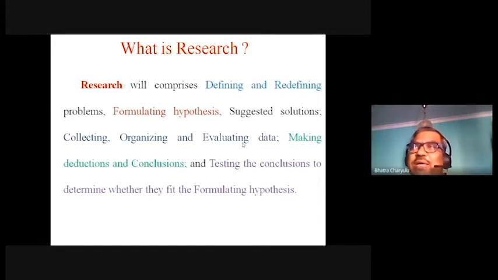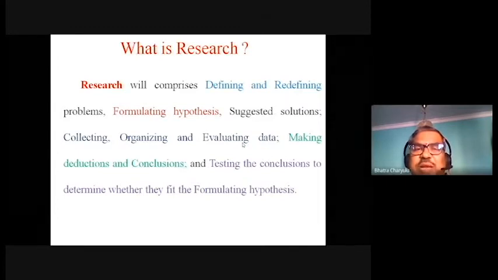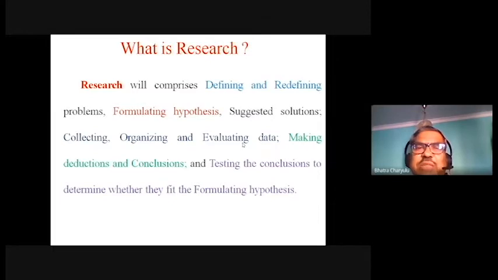Ultimately, after evaluating, we get some values, and based upon these values we have to judge, that means draw some conclusion whether the hypothesis is correct or wrong. If it is correct, we accept it. Otherwise, we reject it. That is entirely the test procedure you are going to use, called the statistical test procedure.